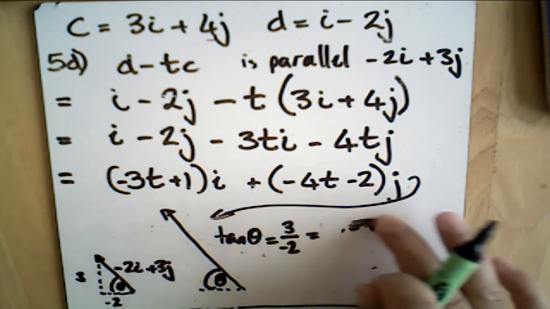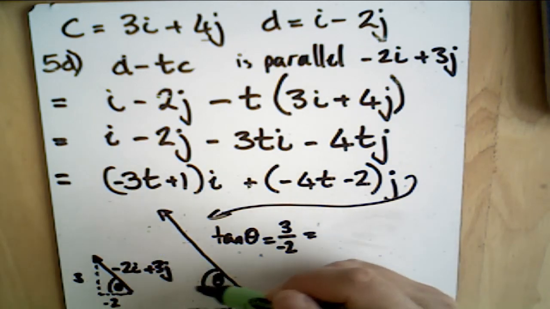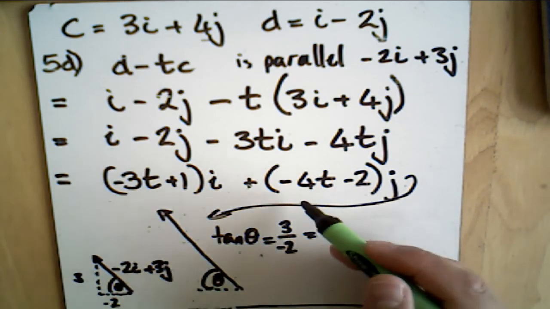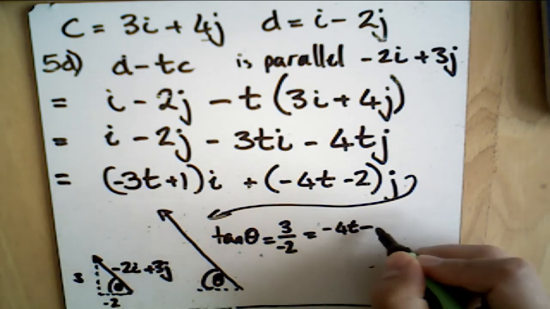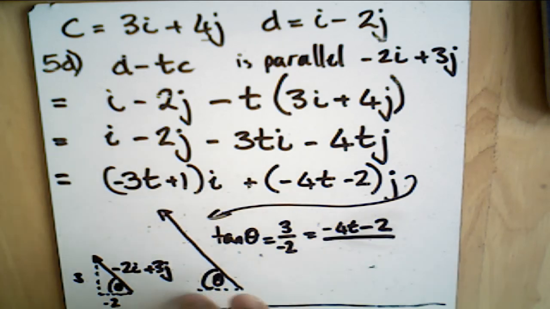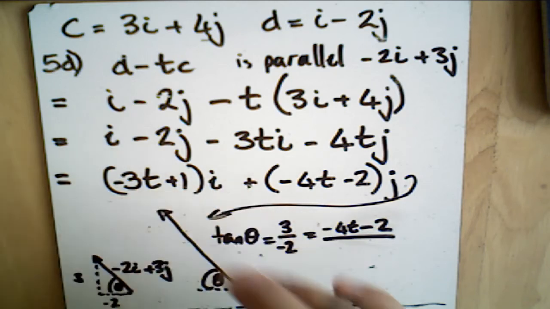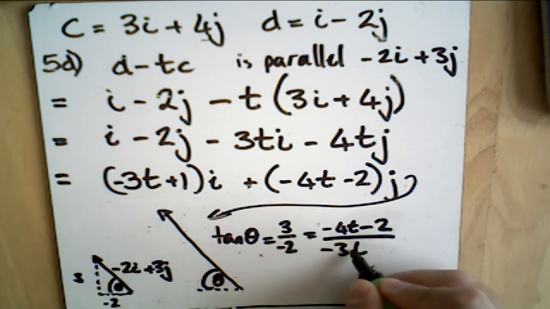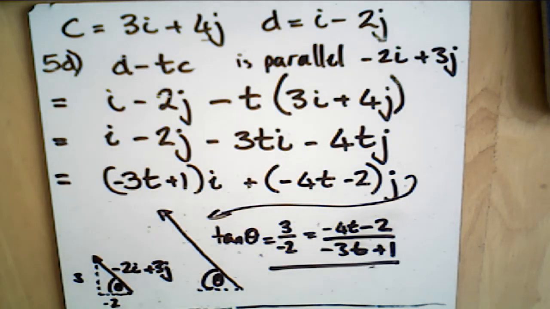Scrap that. I need that to be the opposite side at the top, don't I? So the opposite side from this one is this side here, which is this j bit, the negative 4t take away the 2, and that needs to go over the adjacent side, this side here, which will be the i vector, the minus 3t plus the 1. And that's the equation that I can look at solving.